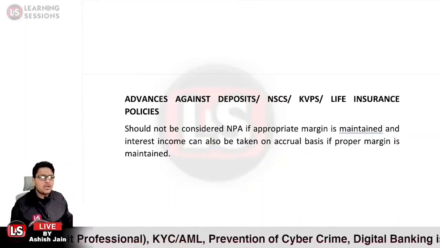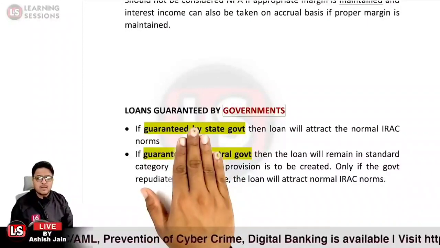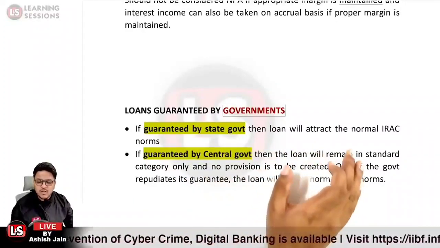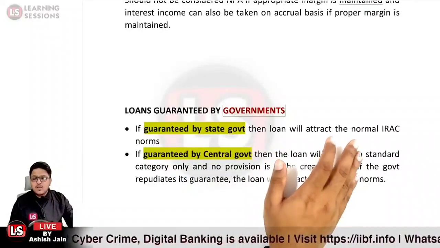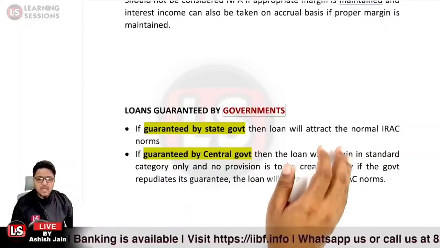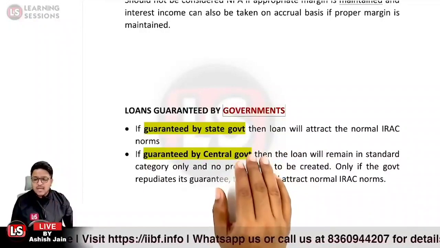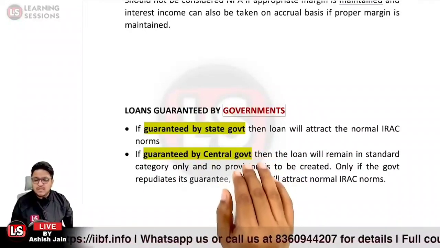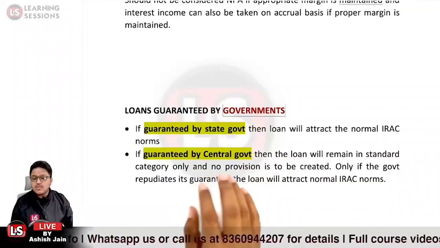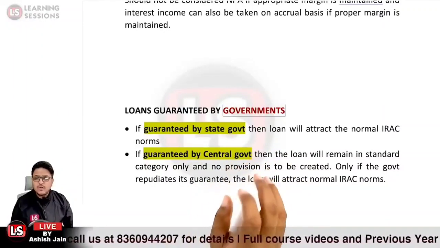Then it is related to loans guaranteed by governments. Where the loan is guaranteed by the state government, normal IRAC norms would be applicable, as on other loan accounts. But if the loan is guaranteed by the central government, the IRAC norms will not be applicable.